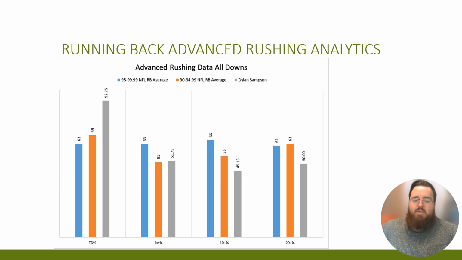These are the biggest question marks here, because the vast majority of 90 to 99 percentile running backs in the NFL, so basically the top 10% of NFL running backs since the 2009 NFL draft class, typically are 60 percentile in terms of those particular areas.